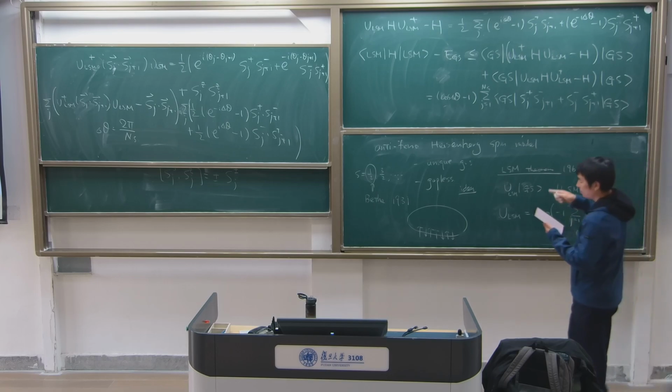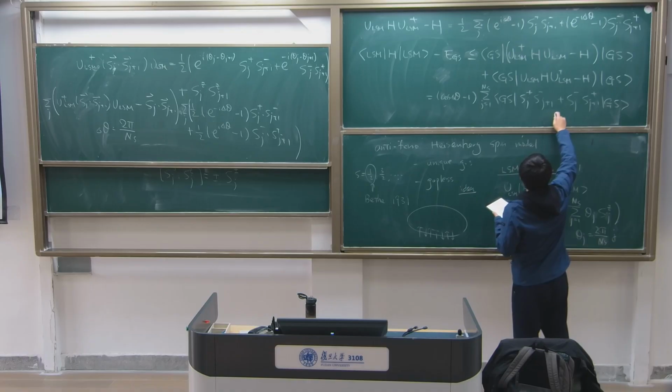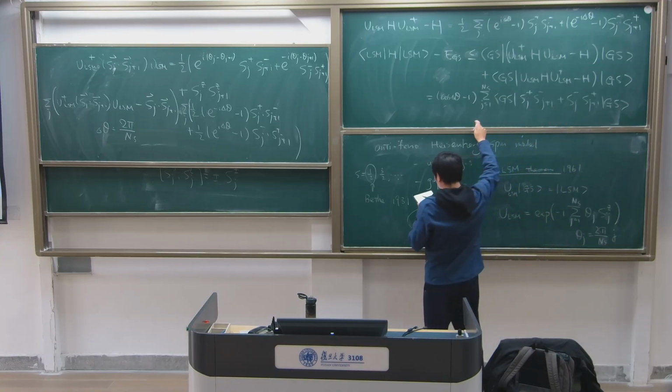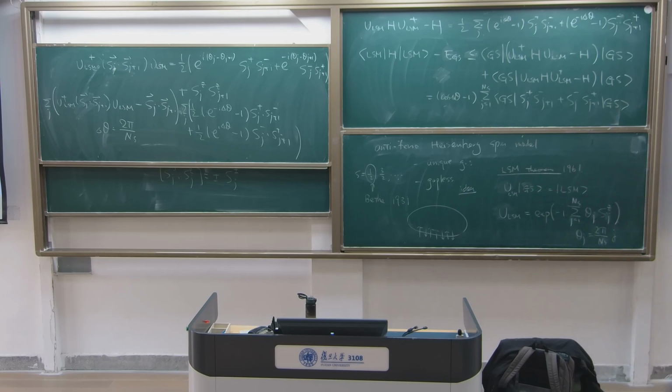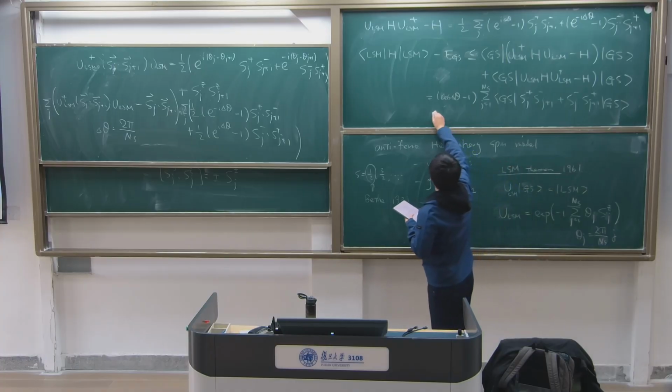And we know that the difference, this one is less than 2 times 1 minus cos delta theta.